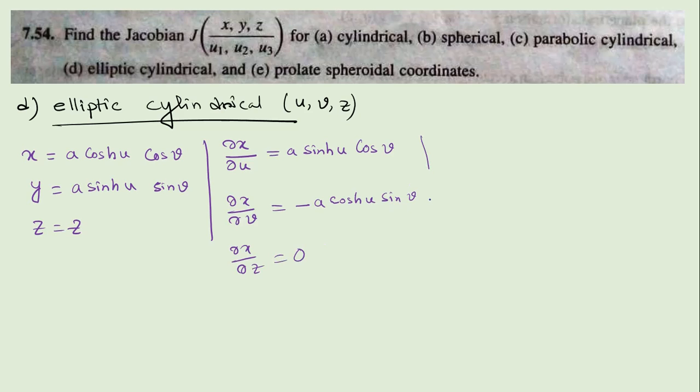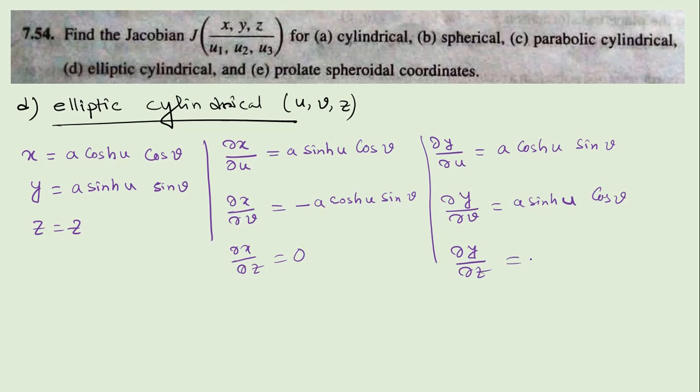Similarly, ∂y/∂u is a cosh u sin v, ∂y/∂v is a sinh u cos v, ∂y/∂z equals 0.